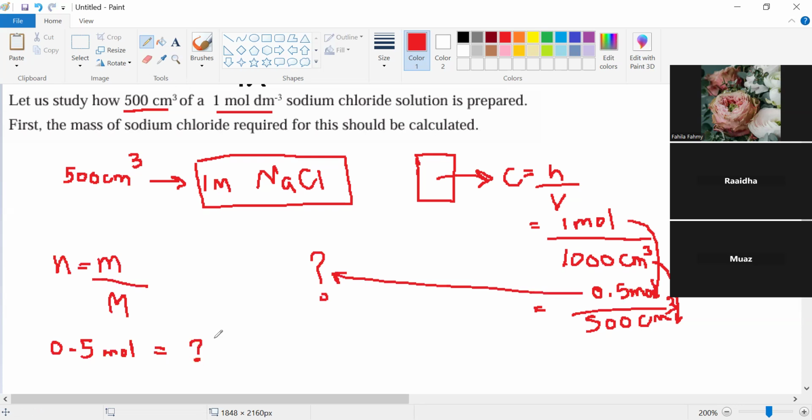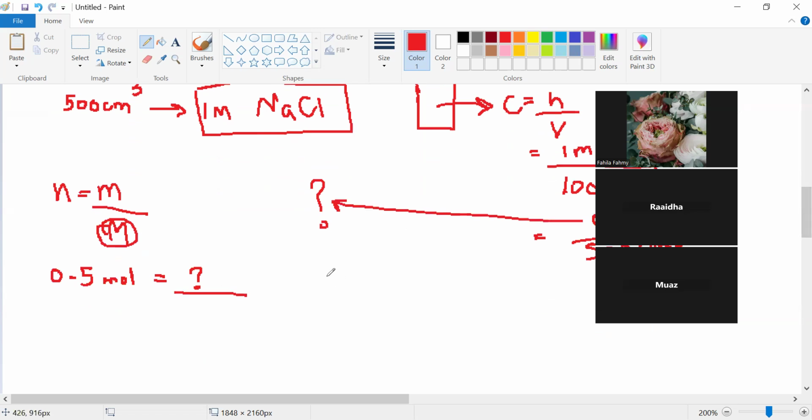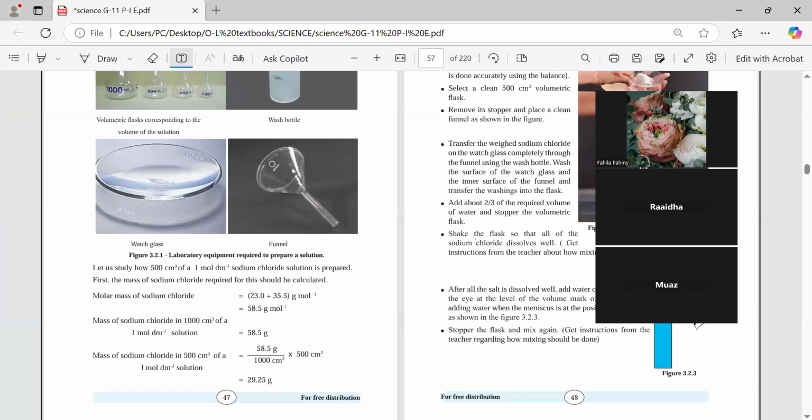I don't know m, divided by, but I know the molar mass. I know the molar mass of sodium chloride. Even if I don't know, I can calculate it on the side of the paper. How do you calculate the molar mass? Sodium is 23 plus chlorine is 35.5, right?